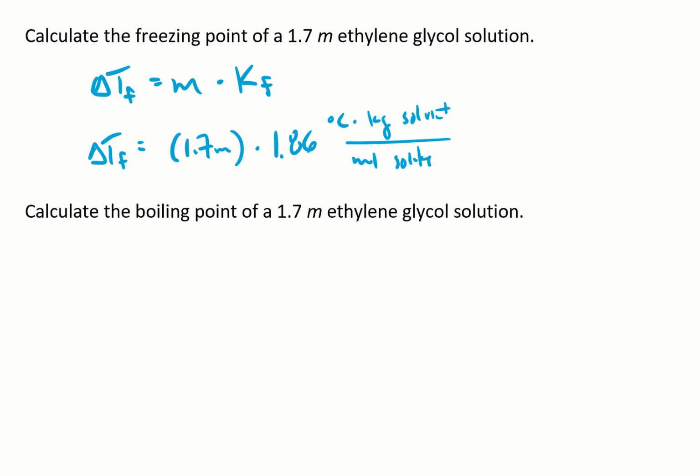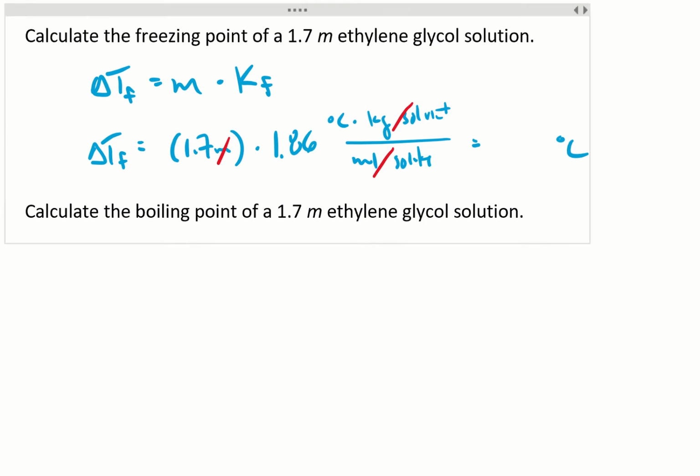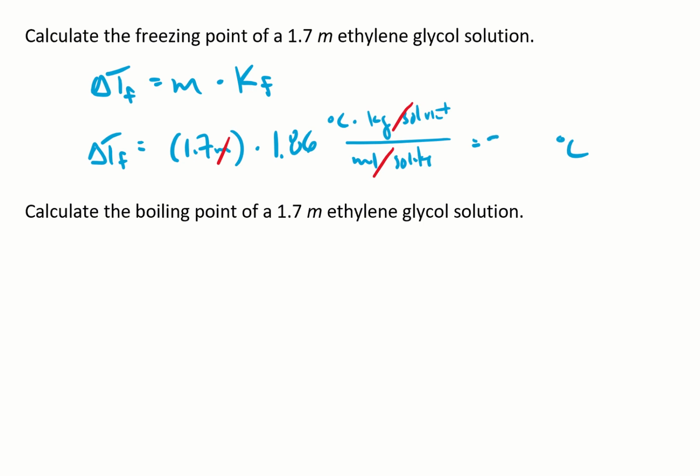Looking at our units here, molality cancels out kilograms and moles of solute, giving us just units of degrees Celsius. And the math says there's a change in temperature of 3.16 degrees Celsius.